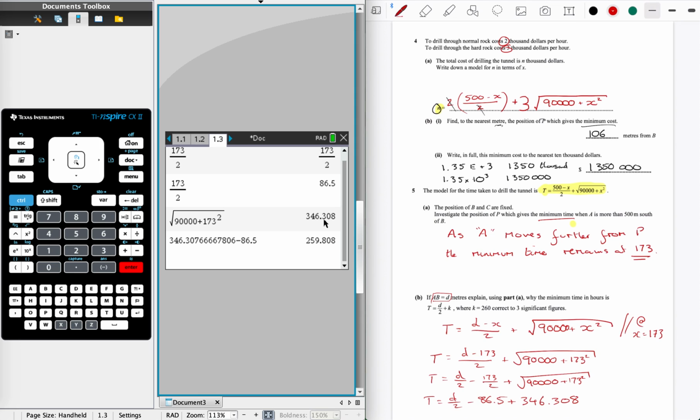Nope. So I can squeeze this in, T equals D over 2 minus, now to three significant figures, that's going to be 260 3SF. And luckily, we've arrived at the answer we were looking to find. T equals D over 2 plus K, where K is 260.